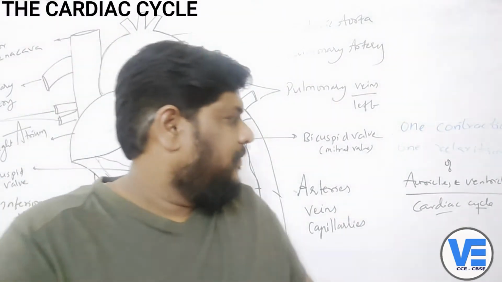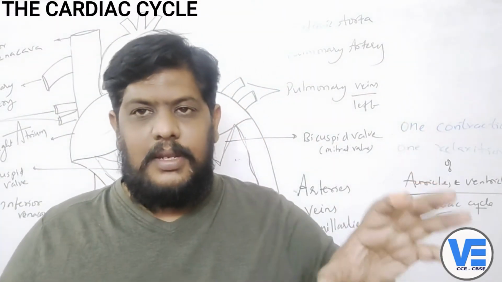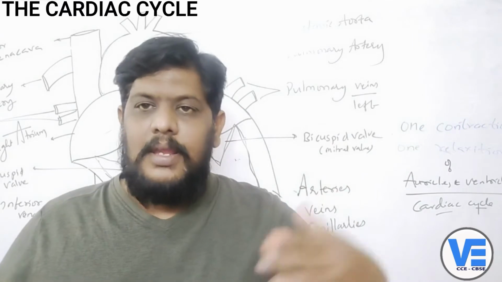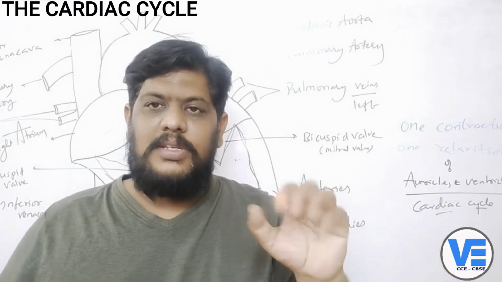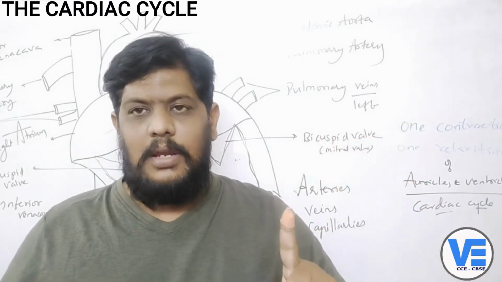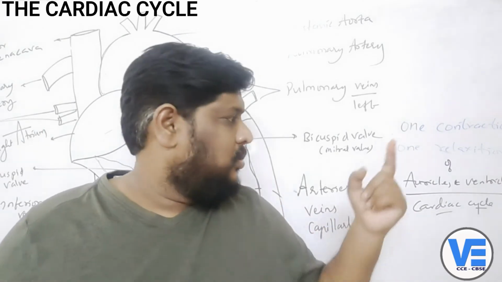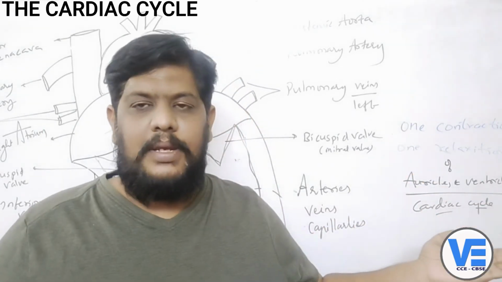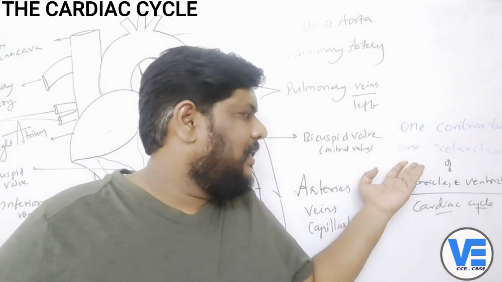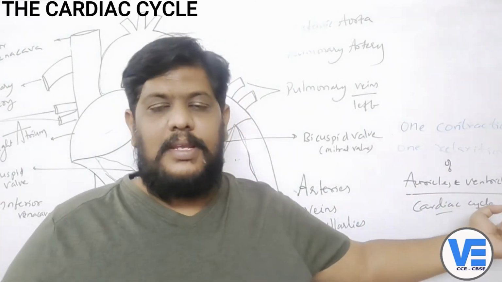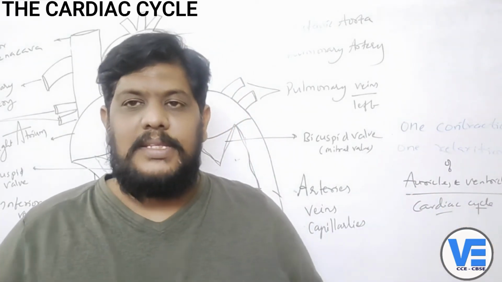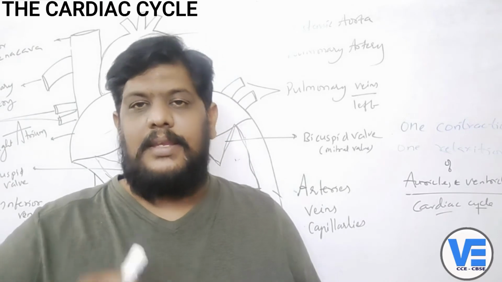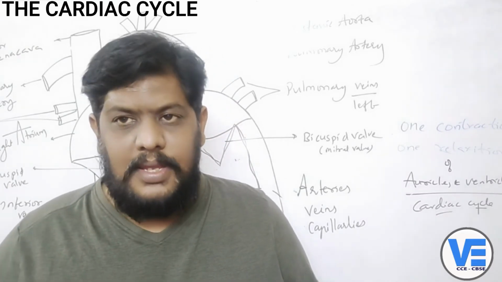So if auricles contract and after then ventricles contract, this is one heartbeat. That one particular heartbeat, one contraction and one relaxation of the auricles and ventricles, is basically called as the cardiac cycle. What is called as cardiac cycle?